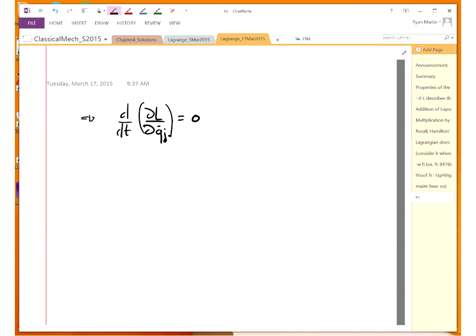Well, remember, what does it mean for the time derivative of something to be 0? That means that thing doesn't change with time. So if that thing doesn't change with time, we also say it's constant. So that means that ∂L/∂Qj dot is equal to a constant.